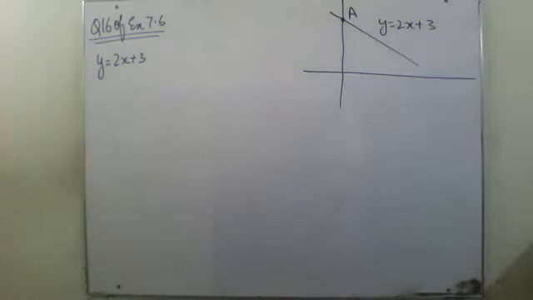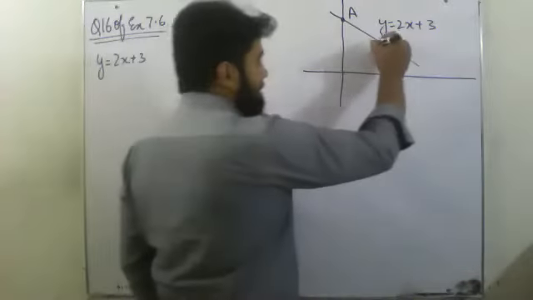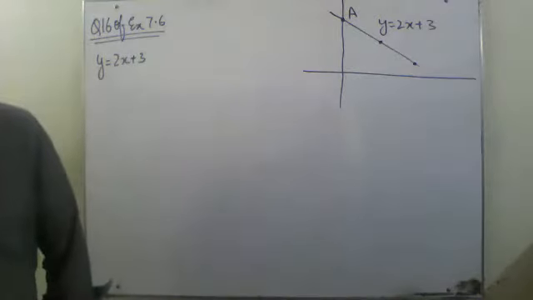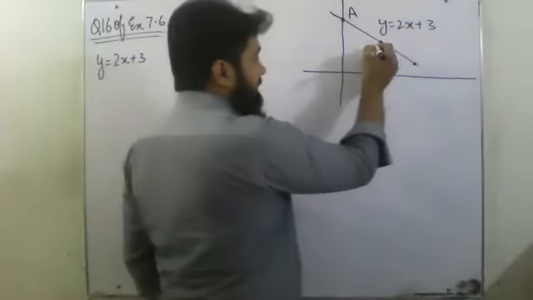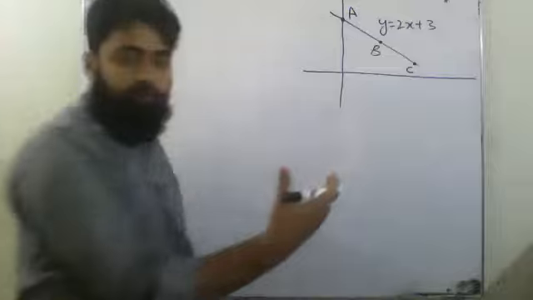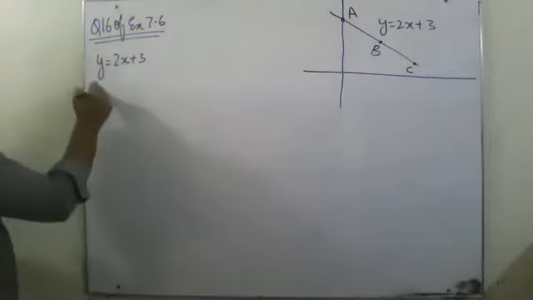The point B and point C are on this line. Now on this line, we have got point B and point C. They have given us that point B and point C are on this line. And what is the second thing they are given?